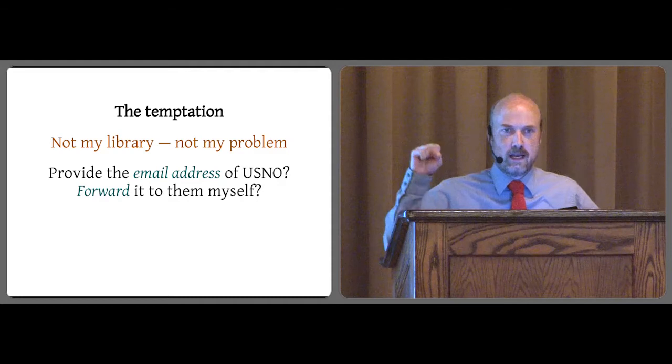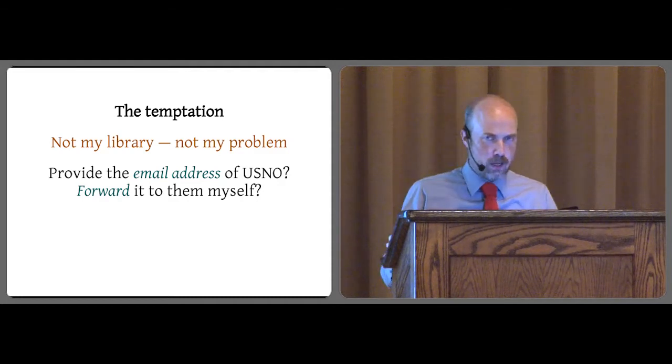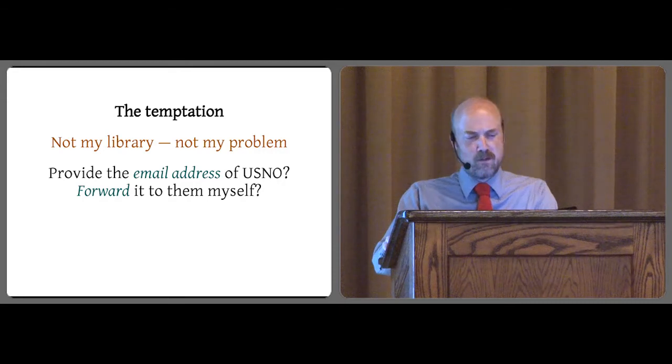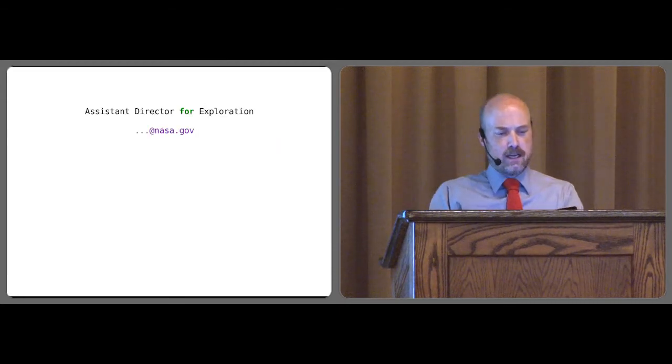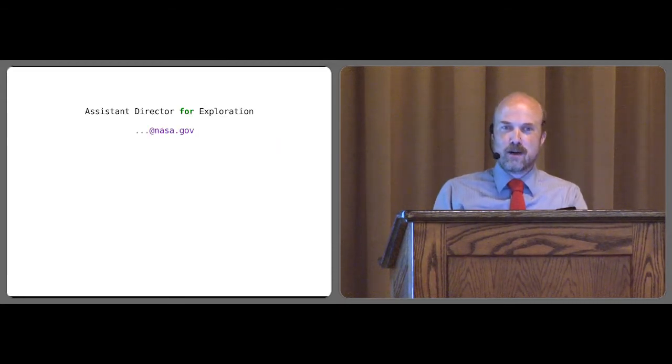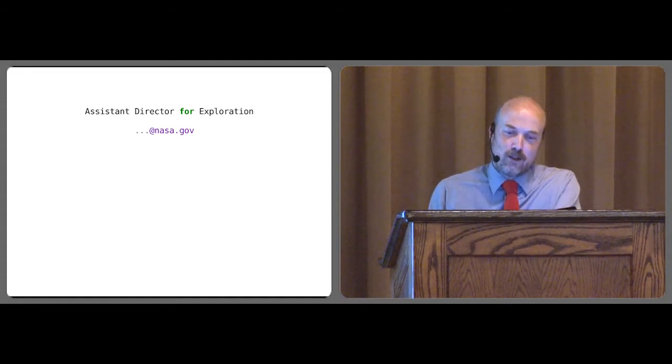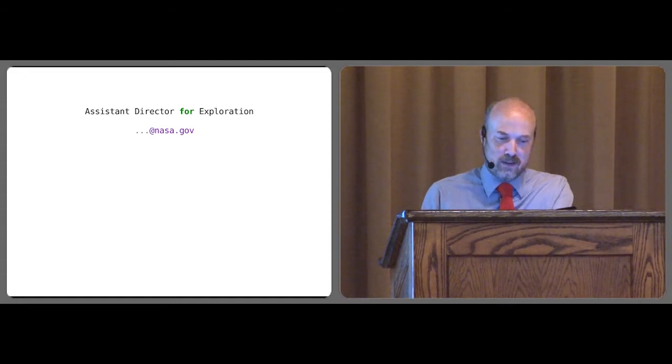And so I was all ready to send this person off to an email address I actually know doesn't answer a lot, when I looked at the bottom of the message, and it said, Assistant Director for Exploration at nasa.gov. Can I help him with the Naval Observatory's observational code?